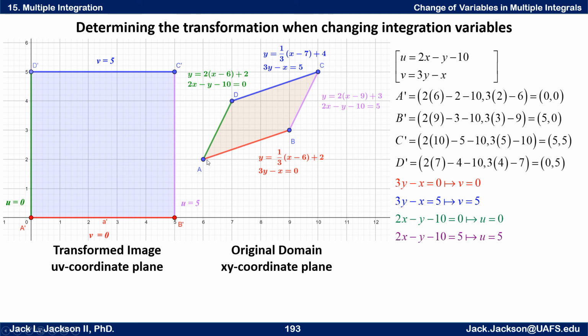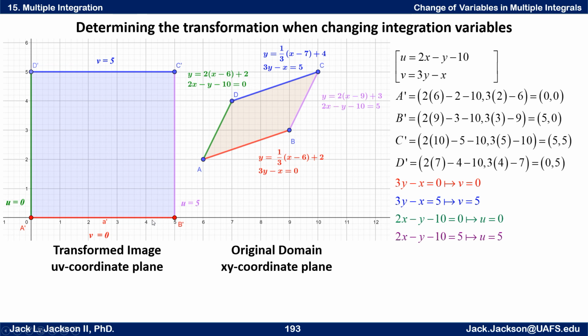And I want to do this in such a way that I take this point A and map it to A prime, which is at the origin in the UV system. So the point 6, 2 in the XY is going to go to the point 0, 0 in the UV system. Furthermore, I want this red side, AB, to be mapped to something going along the horizontal axis.